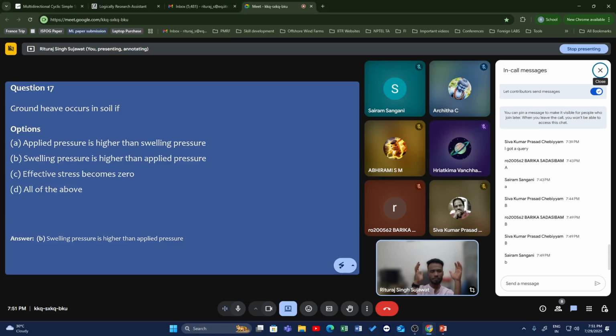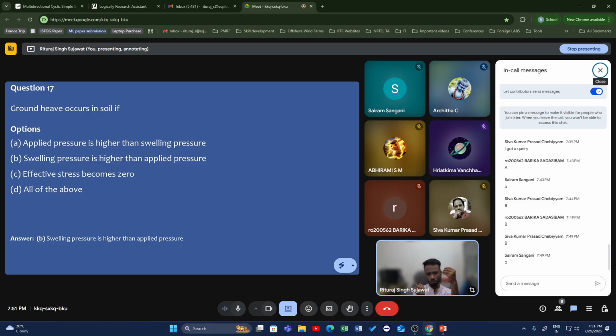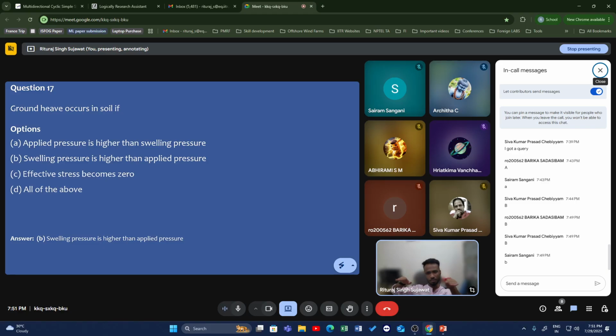So let's say you are having a certain soil mass, and it is subjected to a certain external load. Instead of getting swelled up, these particles start moving, and that basically leads to the rising of your soil mass above a certain datum level.